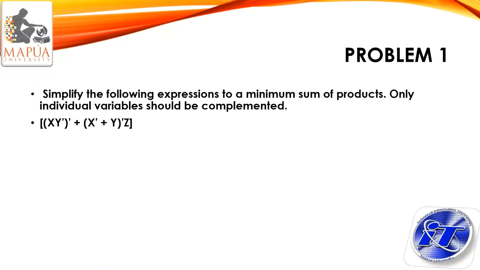Not of xy naught plus not of x naught plus y added to z. As you can see in this equation, we have a shared negation for the first term and also on the second term. So we need to separate the negation of these two terms. If we want to separate the negation, only De Morgan's law could be implemented for that.